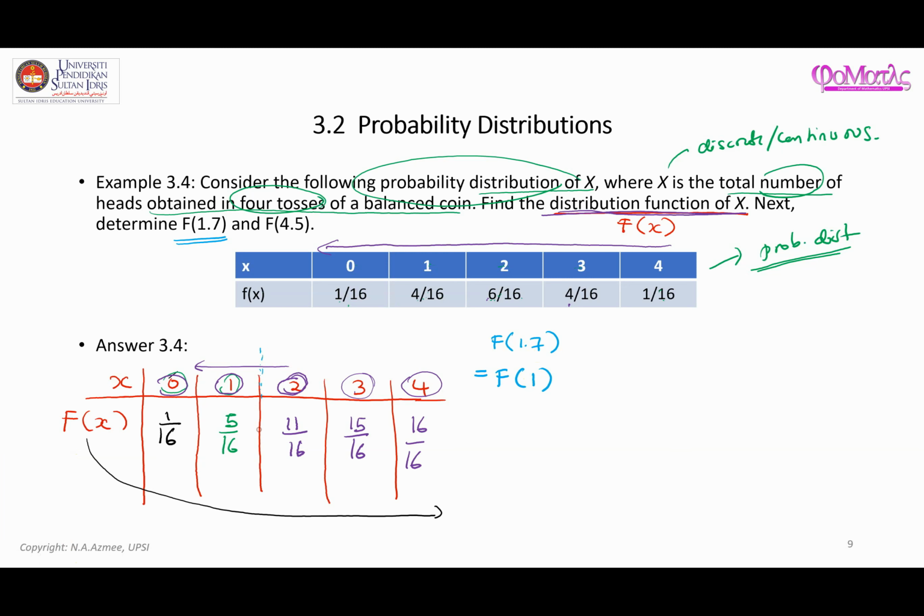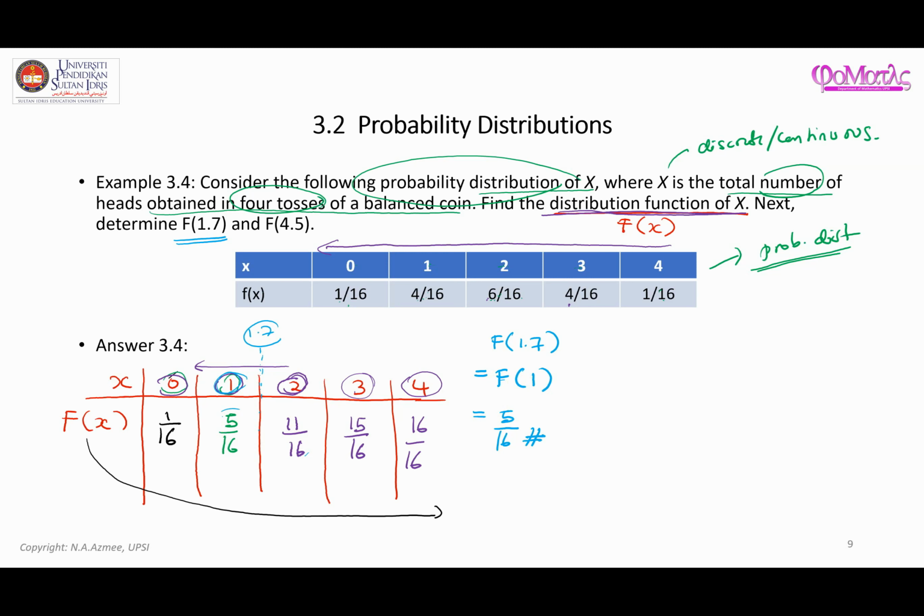But it doesn't reach 2 yet, so if it doesn't reach 2, you cannot consider that one. So you're going to consider F(1), consider x equals 1. So F(1.7) is equal to F(1), and the result here is going to be 5/16.